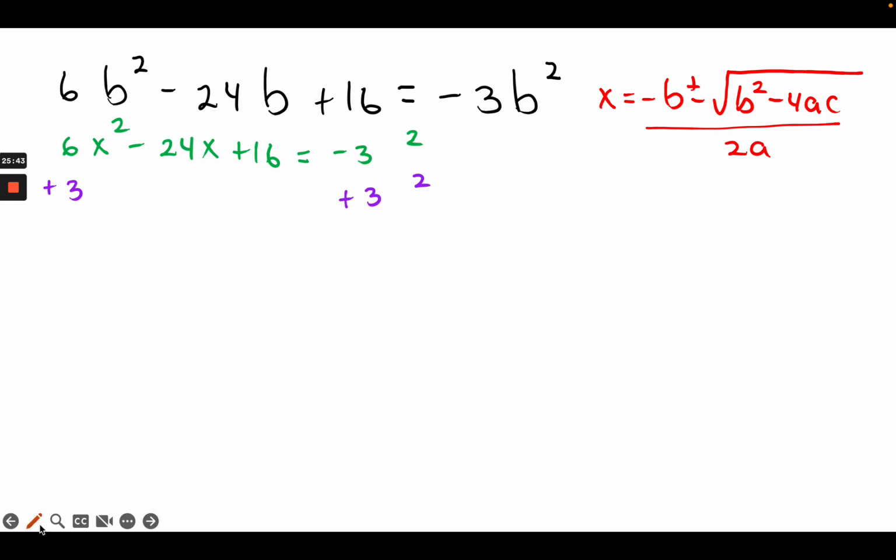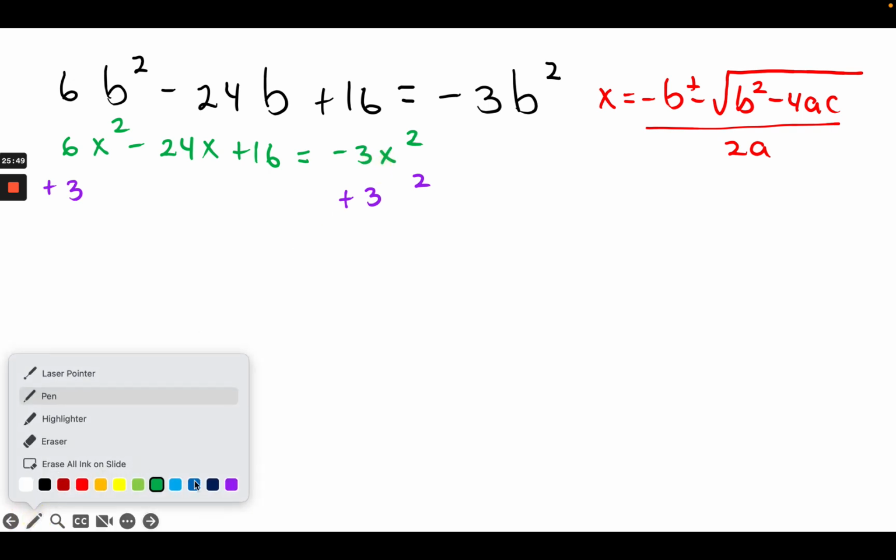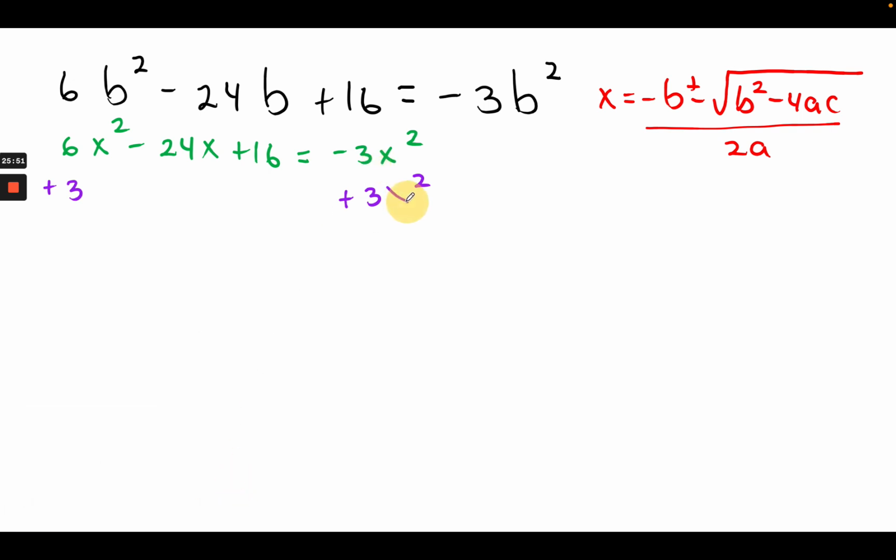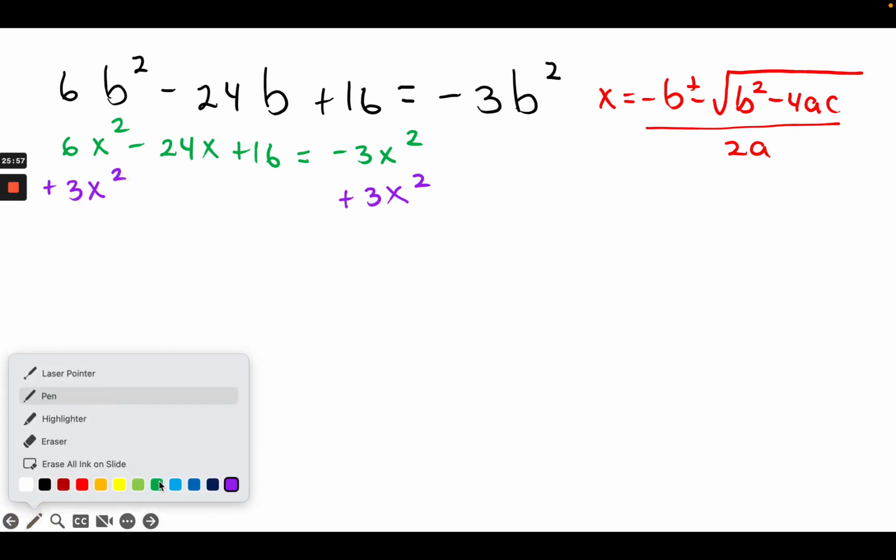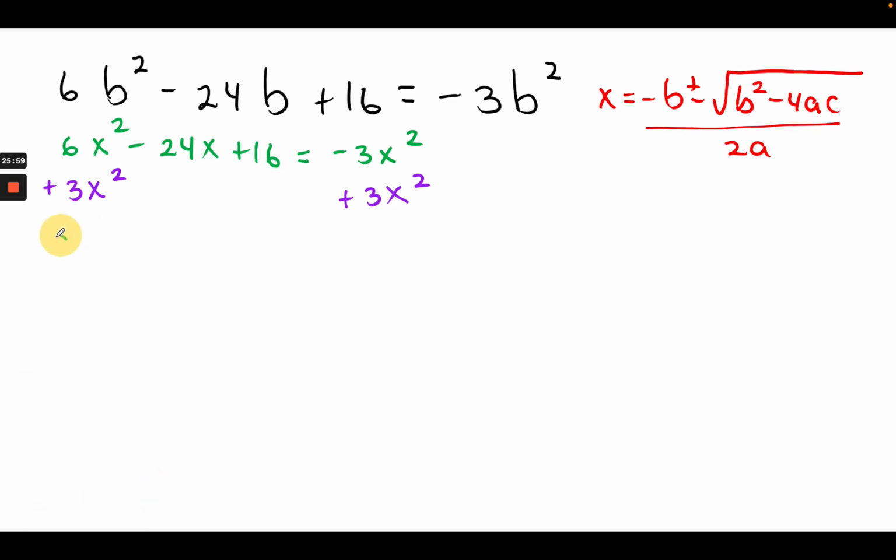Sorry about that. This is going to be x squared. 3x squared, right? So we're going to add 3x squared to both sides. That's going to give me 9x squared minus 24x plus 16 equals 0.